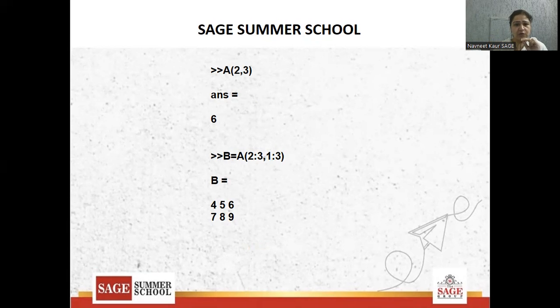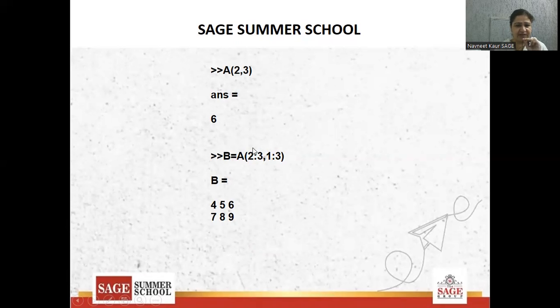Now, we can also extract more than one element. That means we can extract a complete row or complete column, or more than one complete row or column, in the matrix. If I'm writing a command, I'm forming a matrix capital B and doing an operation on capital A matrix. Now A(2:3, 1:3). Always remember that in the bracket, before the comma we specify parameters for rows, whereas after the comma we specify parameters for columns. Before the comma we have 2:3.